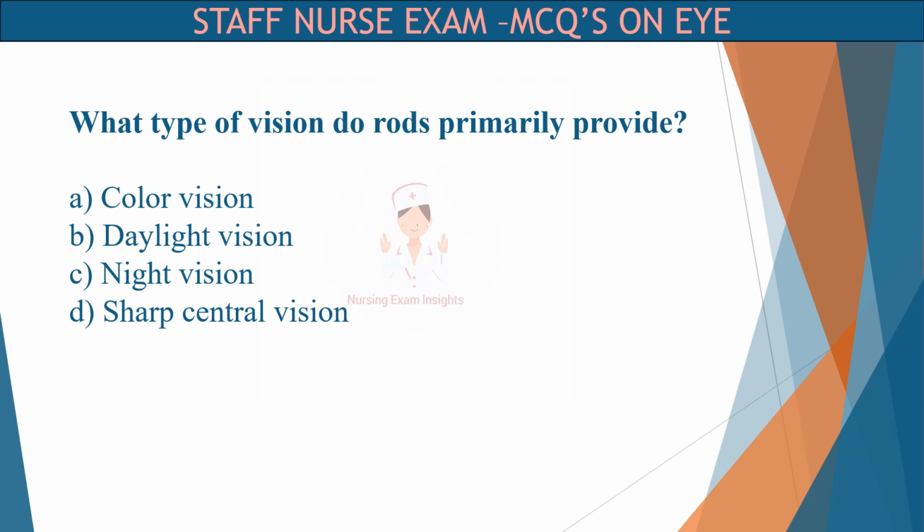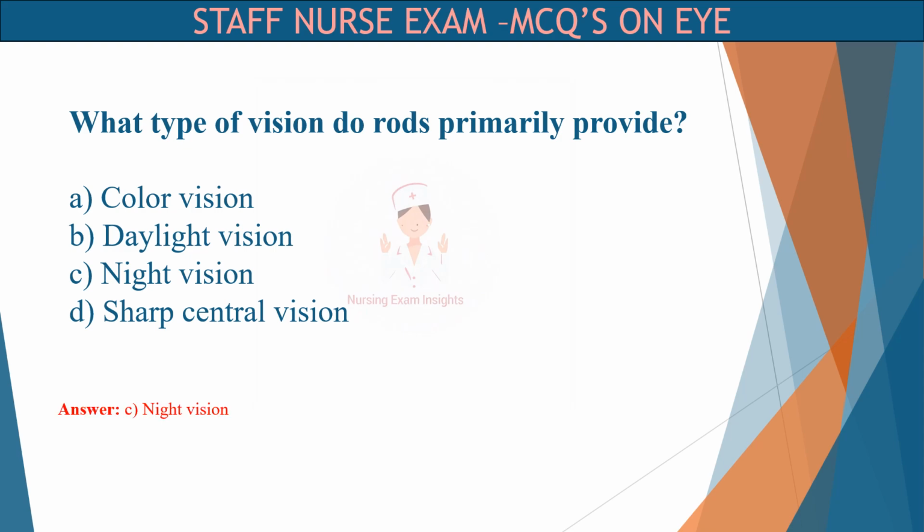What type of vision do rods primarily provide? A. Color vision, B. Daylight vision, C. Night vision, D. Sharp central vision. Answer is night vision.